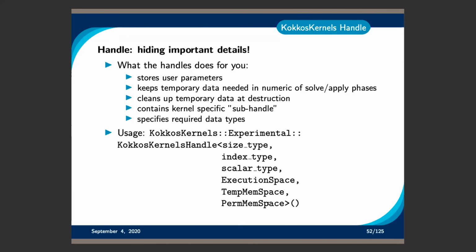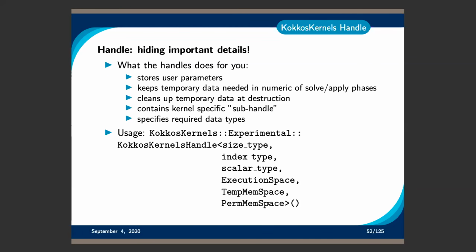So if you're going to use a handle for the symbolic phase, it's important that you keep the same handle when you pass it to the numeric phase, and it's potentially also important if you're going to do some solve and apply for sparse solvers later on. The handle is also cleaning up and so taking care of this temporary data. It contains typically what I would call a subhandle that needs to be created, and a subhandle that is specific to the kernel you're going to call.